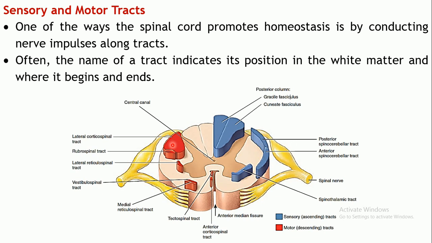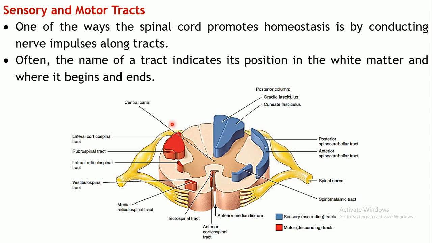Imagine a motor tract, if it gets damaged, what will happen? Even though your brain can sense it, it will not be able to give the output. Output is carried out by these particular motor tracts.